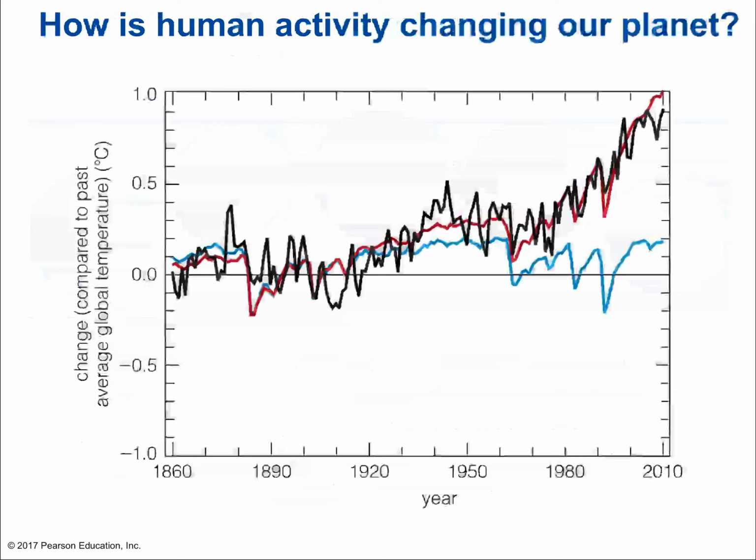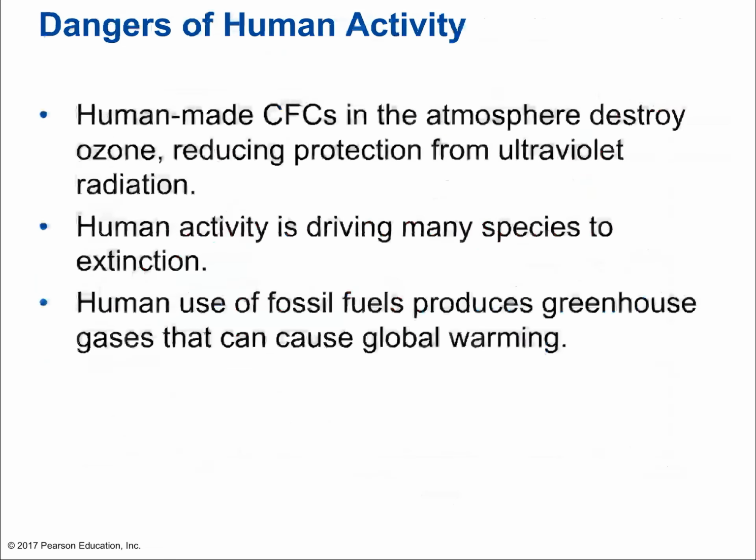Human activity has been very dramatic. We're dramatically increasing the CO2 levels at rates that the Earth has probably never seen. Human-made CFCs in the atmosphere destroy ozone, reducing protection from ultraviolet radiation. Human activity is driving many species to extinction. We definitely have a mass extinction die-out. Many species are disappearing.